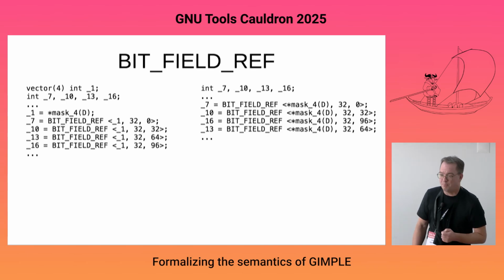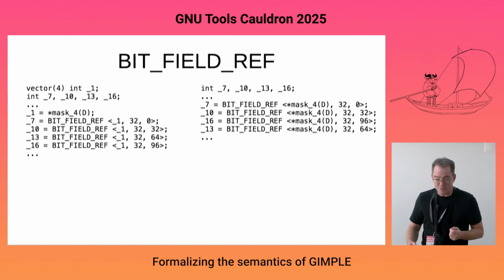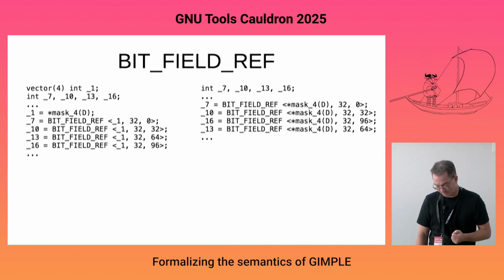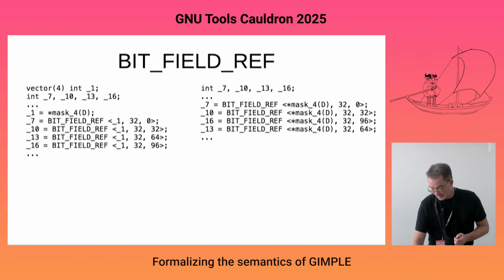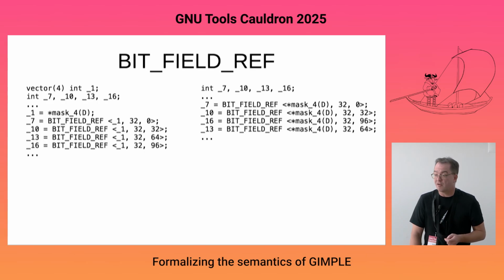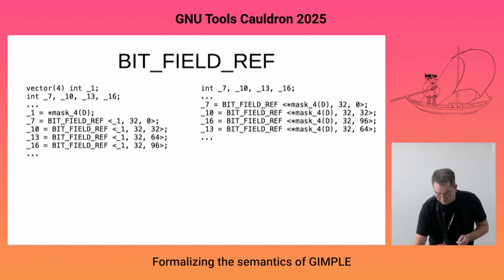So here forward prop did something wrong, which may or may not be a bug in forward prop, but as we have discussed, our tentative semantics is not optimal anyway, so that is probably the problem here. But anyway, this is something that smtgcc currently complains about.